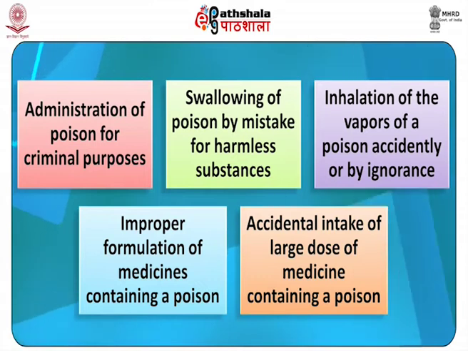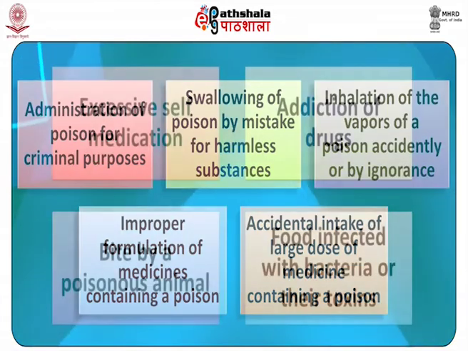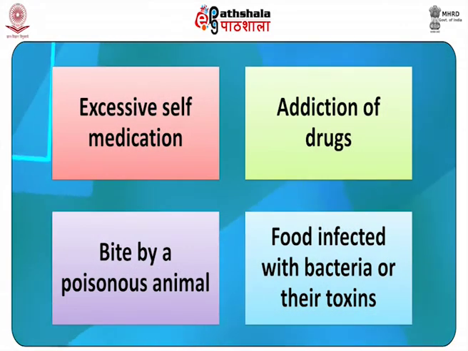The improper formulation of medicine containing a poison. The accidental intake of a large dose of medicine containing a poison. Excessive self-medication. Addiction to a drug. Bite by a poisonous animal. Food infected with bacteria or their toxins.